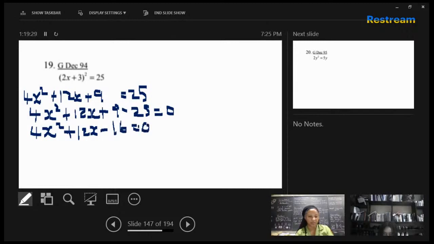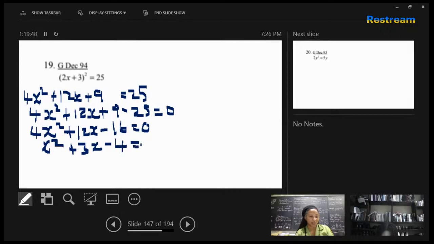Let's simplify this. Cancel each term by 4. So this should be x squared plus 3x minus 4 is equal to 0.